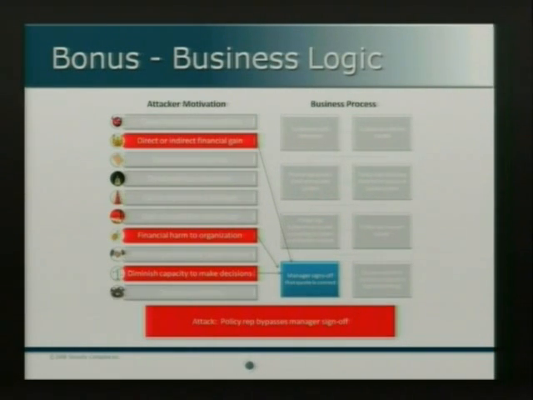I can say, let's bypass this manager sign-off so that the policy rep creates this quote that's completely out of the ballpark, completely wrong, like thousands of dollars less than it should be. And because it's legally binding, as soon as it's mailed to the customer, you basically lose money at that point if they accept that quote, right? So this is a business logic potential attack.